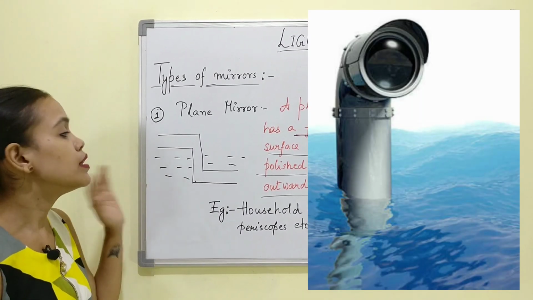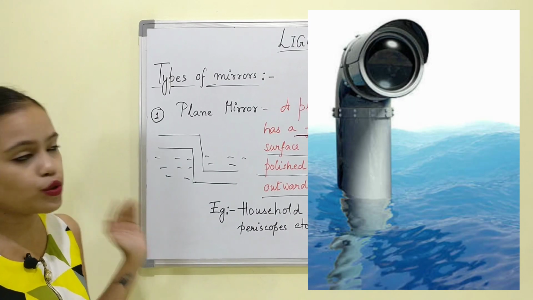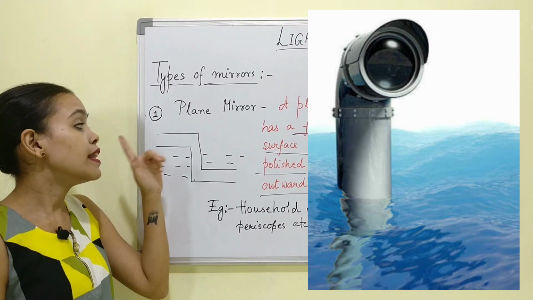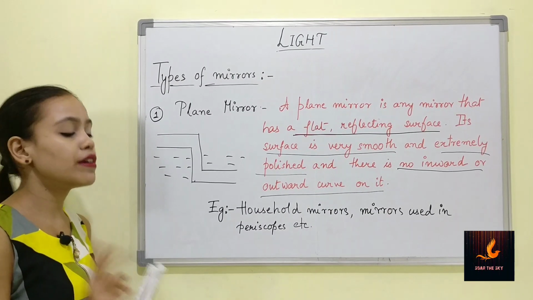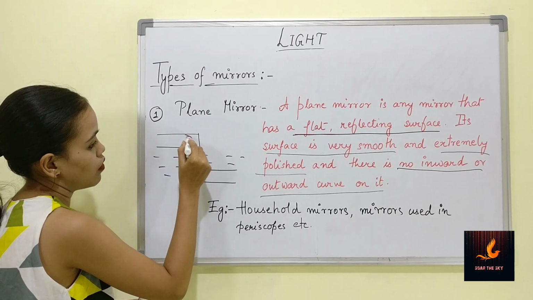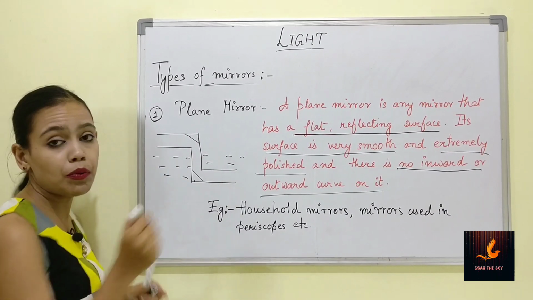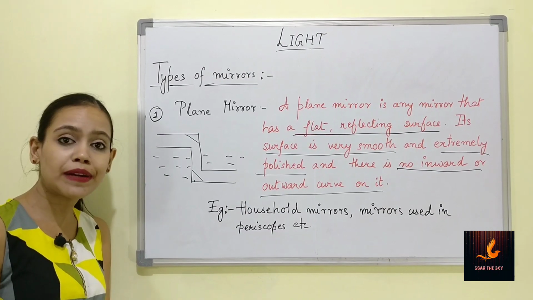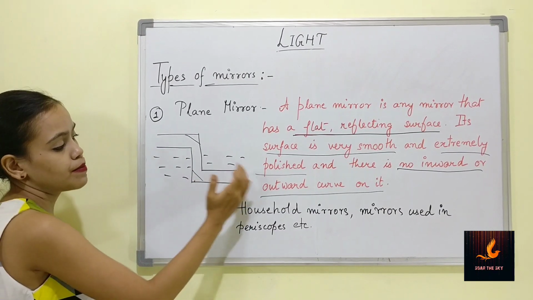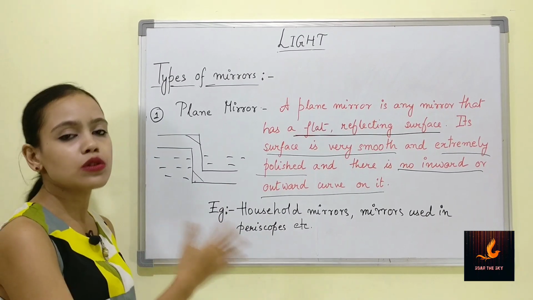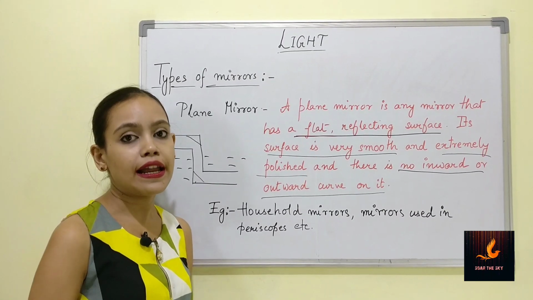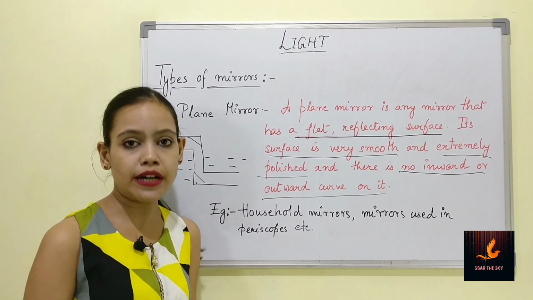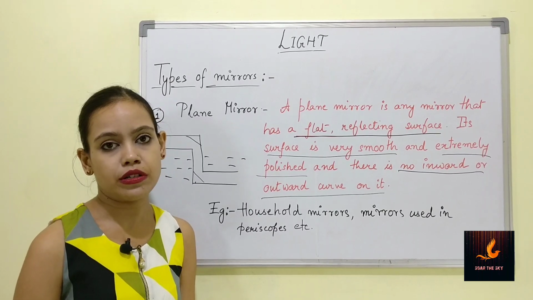We'll come to the details, working and uses of the periscope later. There also two plane mirrors are used, one at each angle, and with the help of the reflection from those plane mirrors, the person is able to see from here. The details will come later, and now we'll move to the next type of mirror.